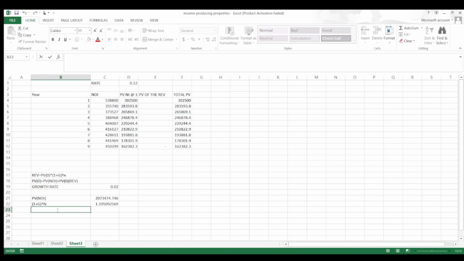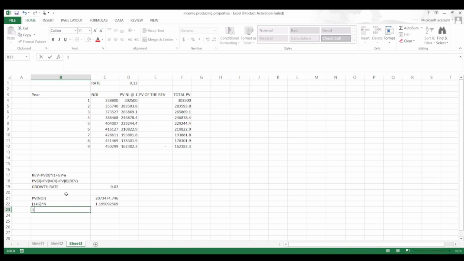Now, after we multiply the 1 plus g raised to n, we need to multiply it by 1 over 1 plus the rate raised to n for us to get the present value.